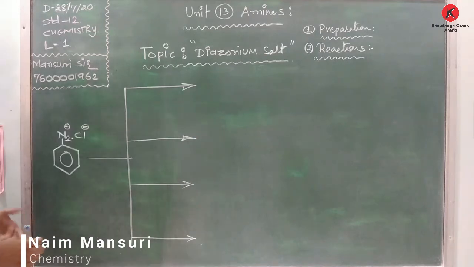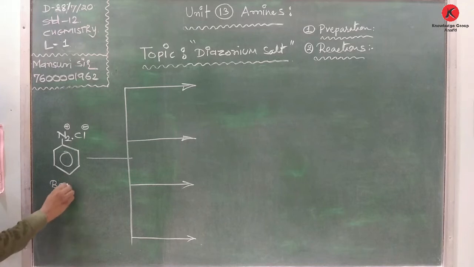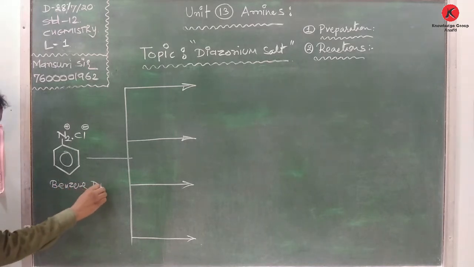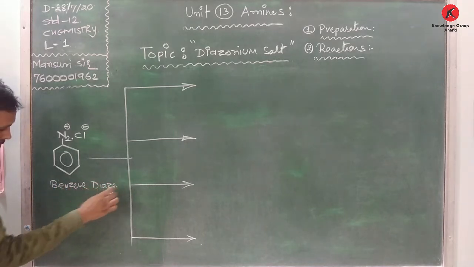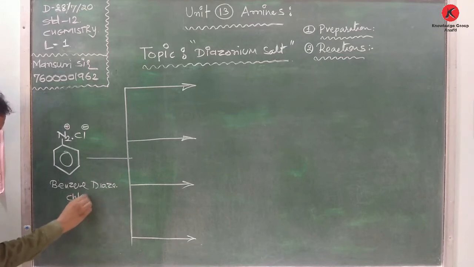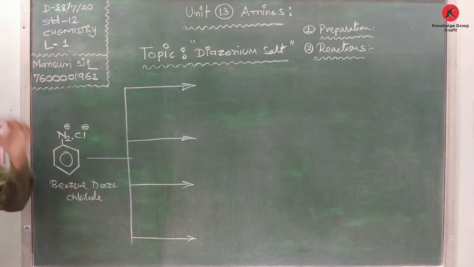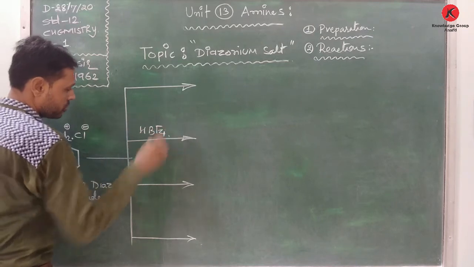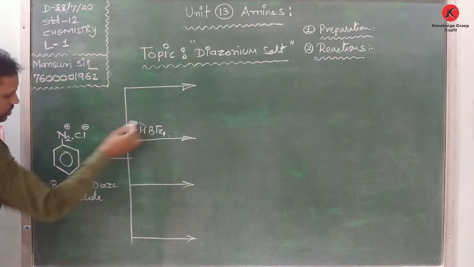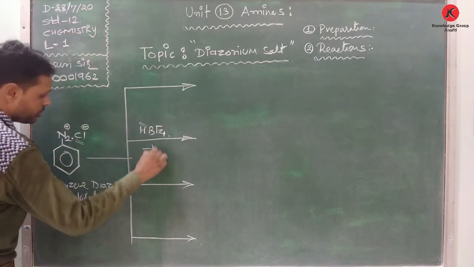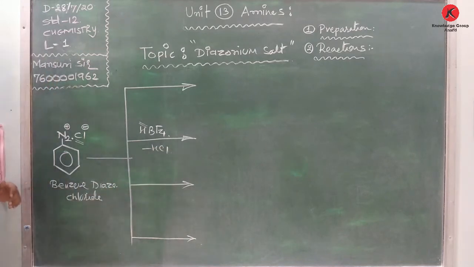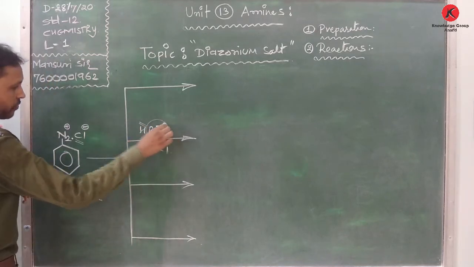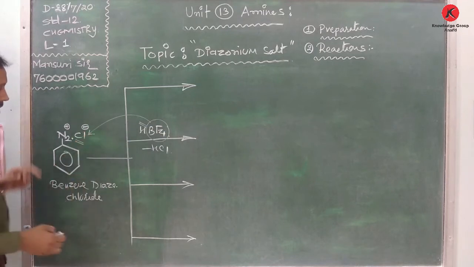Here, when benzene diazonium chloride reacts with HBF4, hydrogen and chlorine will be removed and HCl is formed. So BF4 will be attached toward this N2.